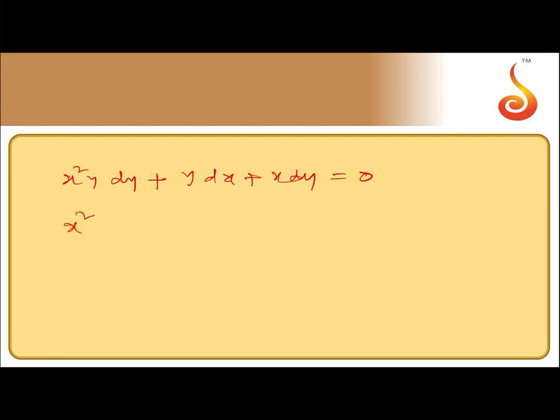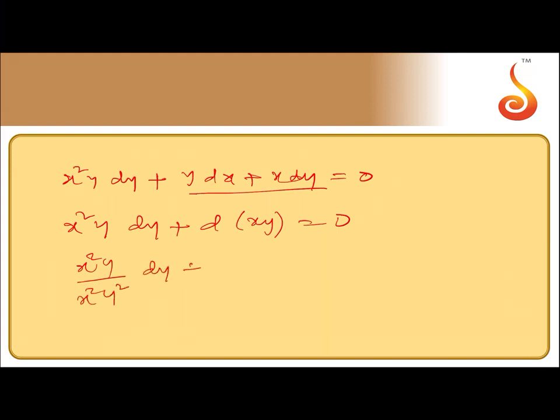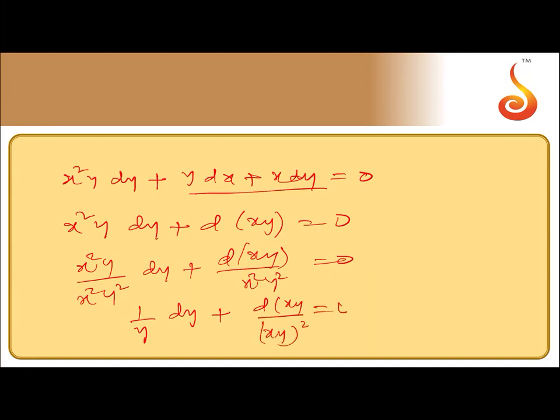Rewriting, I can write this as x square y dy plus y dx plus x dy, which is nothing but the differential of xy, equal to 0. Dividing by x square y square, we get x square y divided by x square y square into dy, plus differential of xy by x square y square, equal to 0. Then you can rewrite this as 1 by y dy plus differential of xy divided by xy whole square is equal to 0.